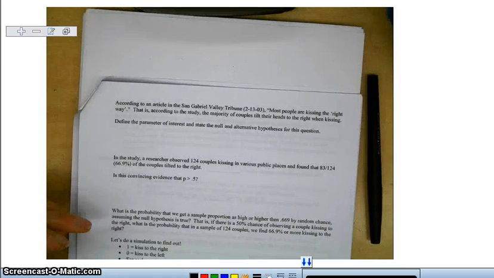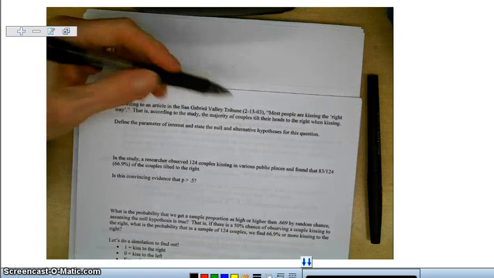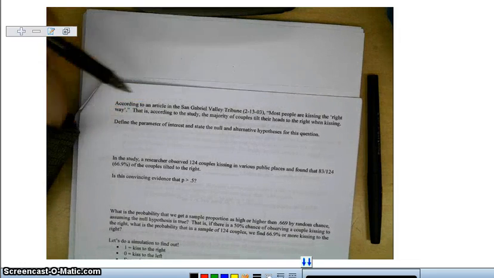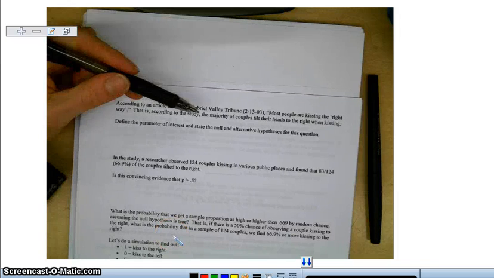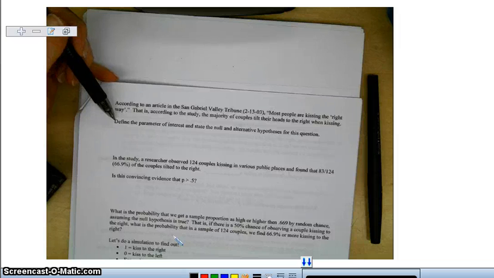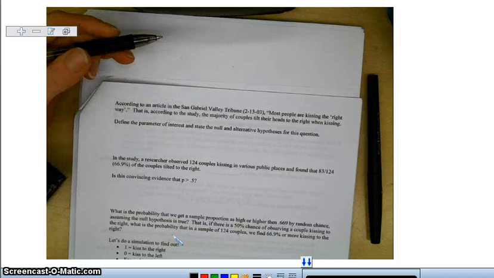All right. So, according to an article in the San Gabriel Valley Tribune, most people are kissing the right way. That is, according to the study, the majority of couples tilt their head to the right when kissing. Define the parameter of interest and state the null and alternative hypotheses for the question.